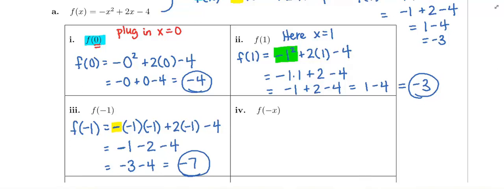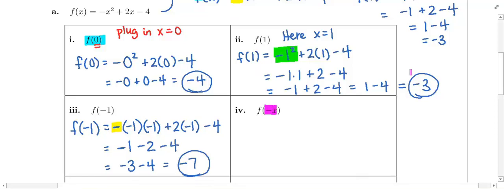Remember, whatever is in parentheses, that's what you're replacing x with. So you're going to go to the original function and replace every instance of x with negative x, the quantity in parentheses.